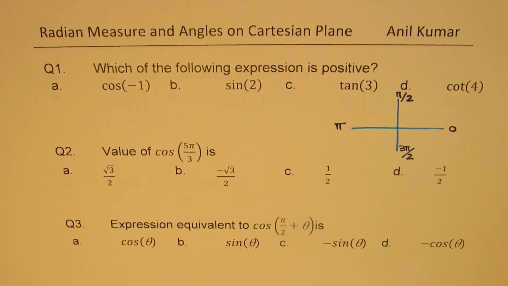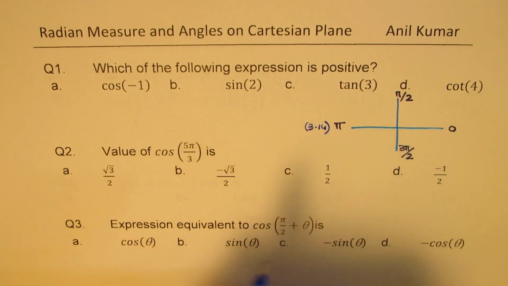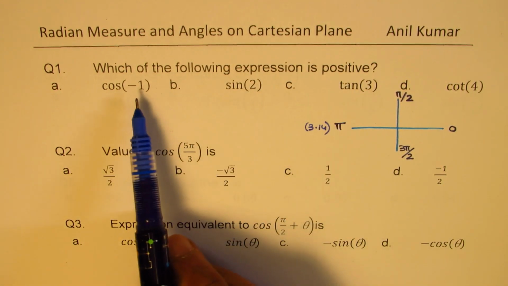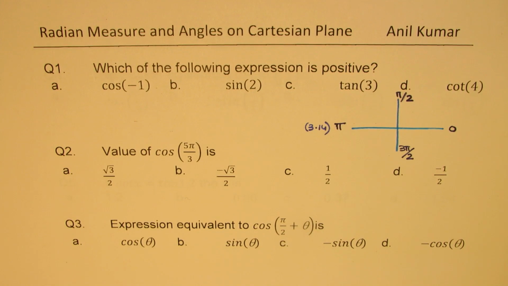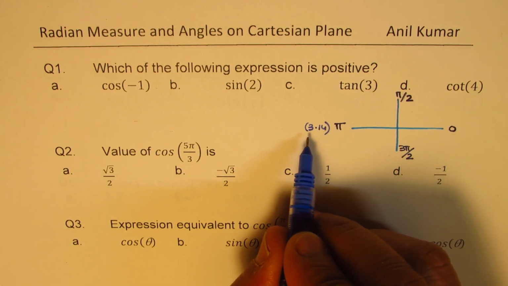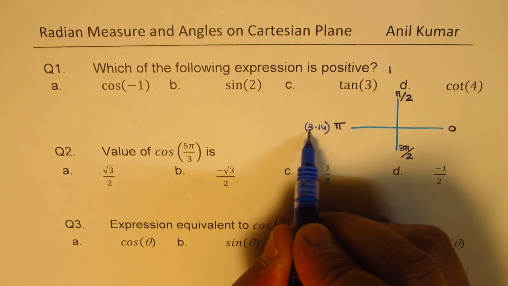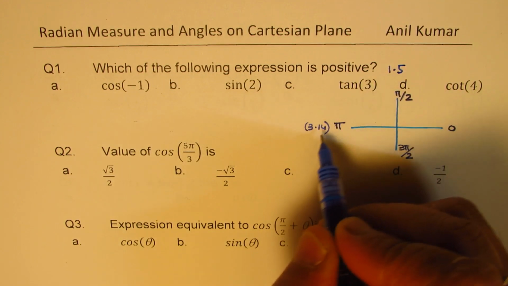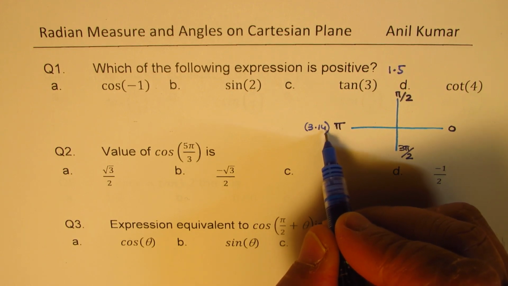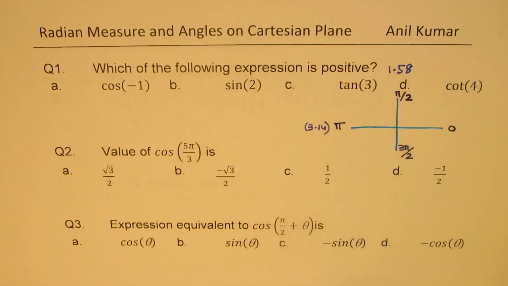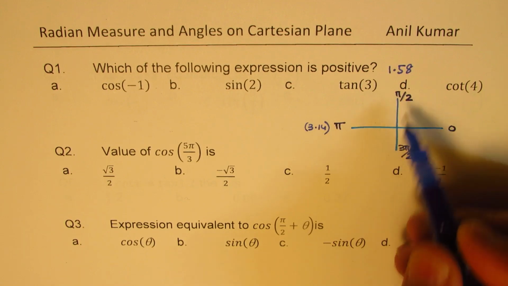We know pi is 3.14, right? So pi could be written as 3.14, correct? Because we need to figure out in which quadrant we are. So that is pi. And what is half of 3.14? If you divide this by 2, you get approximately 1.58, which will be our pi by 2.